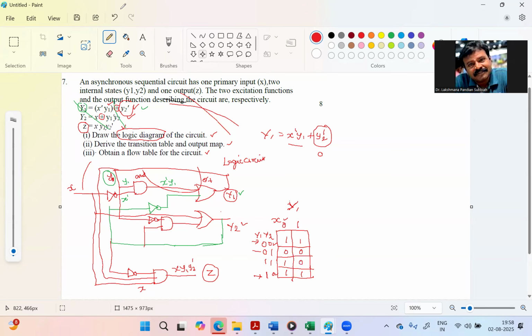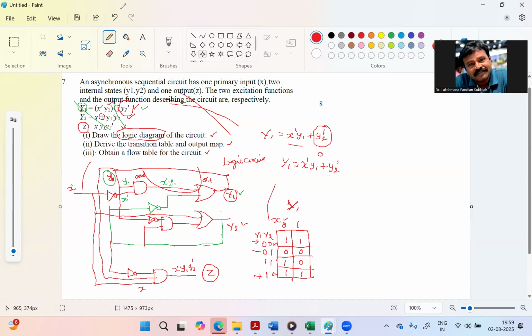You carefully do that one, right? Or otherwise, you have to write that one as this expression. Then what actually we have to do is Y1 equal to X dash Y1 plus Y2 dash, right? Then here we have to fill this 8 column, right?